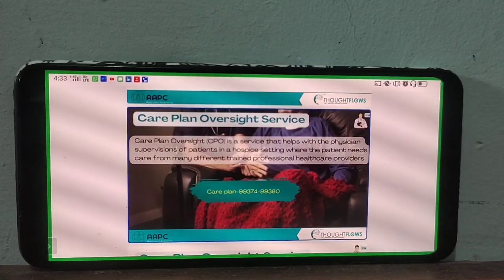That is called care plan oversight service. The codes are 99374 to 99380.